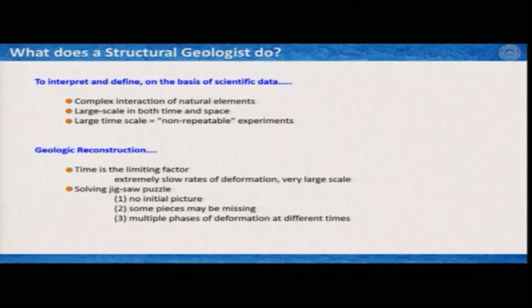That means one deformation happened some time ago, and then later some other deformation, occurring from other directions or in a completely different nature, is either demolishing or overprinting the previous deformation. So, this is the challenge of a structural geologist: to reconstruct, interpret, and separate out these deformations, and what happened in the first deformation, what happened in the second deformation, and so on.